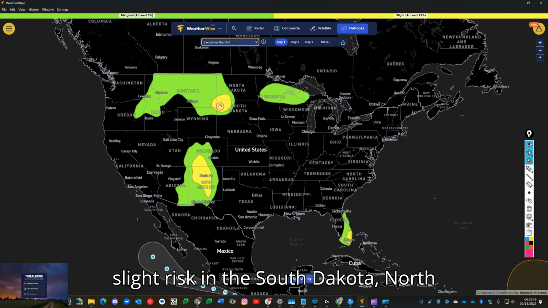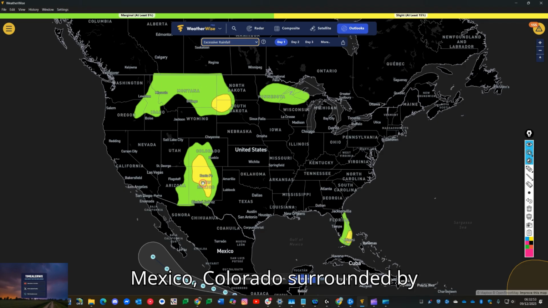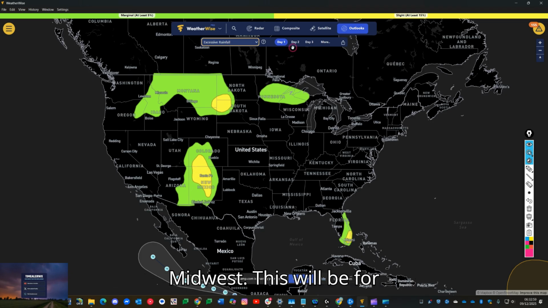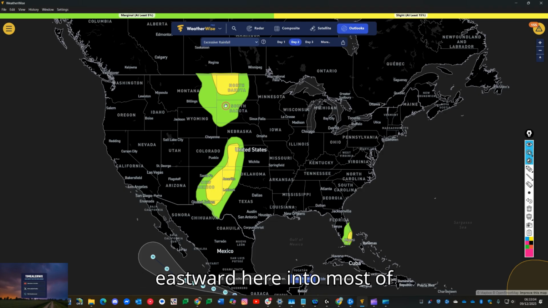Slight risk in South Dakota, North Dakota, marginal risk in Montana, Idaho, New Mexico, Colorado, surrounded by marginal risk there, up into the upper Midwest. And this will be for today. You can see the slight risk has moved eastward here into most of North Dakota, or part of it anyway.